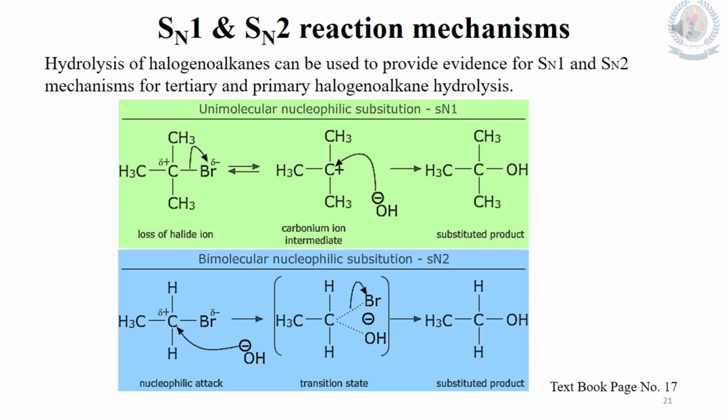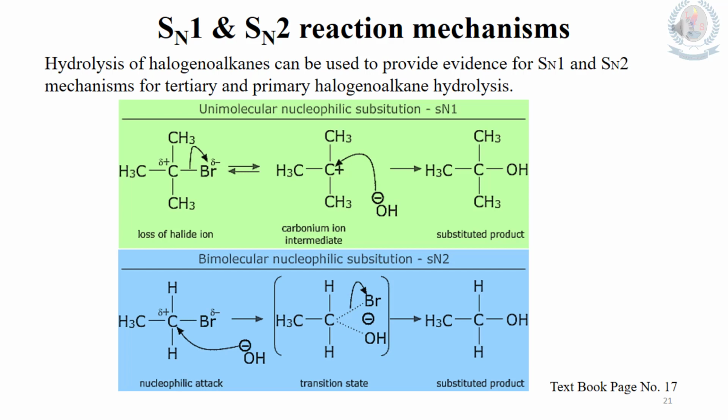So what happened? If you consider the halogenoalkane, here it should be a tertiary halogenoalkane. First the covalent bond between carbon and halogen atom should be broken, and then OH minus should be attached.